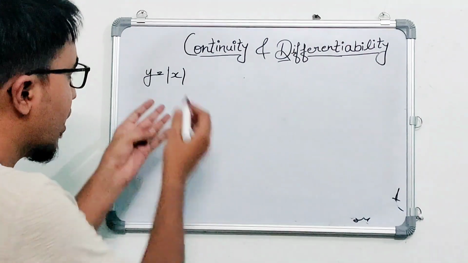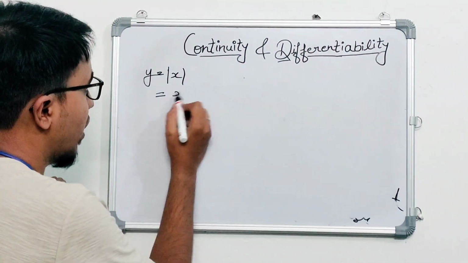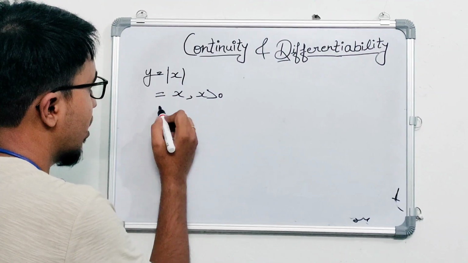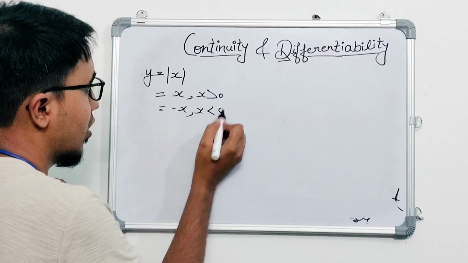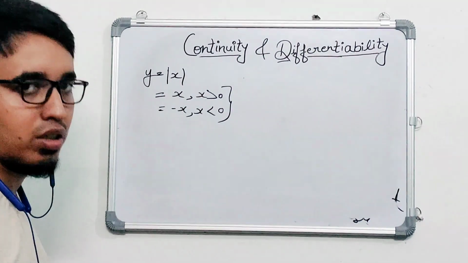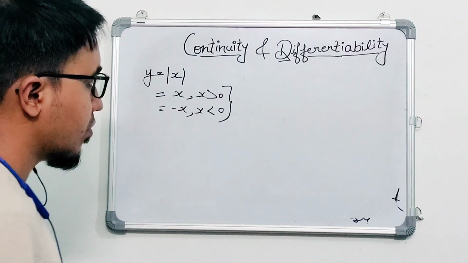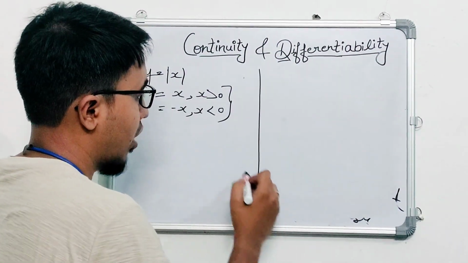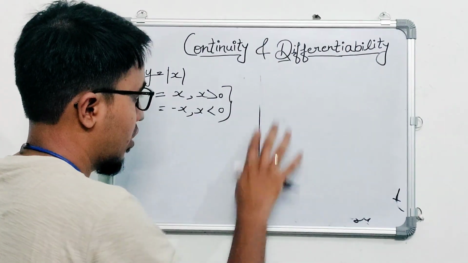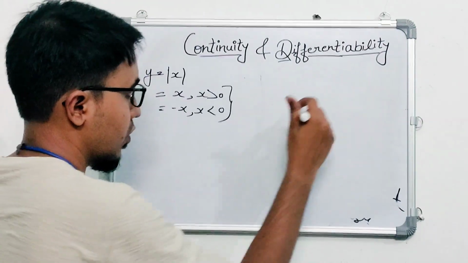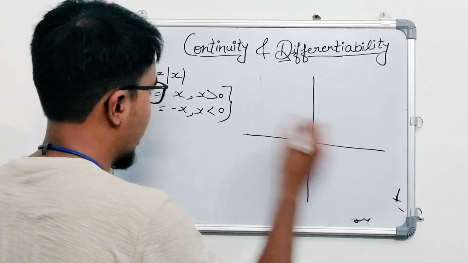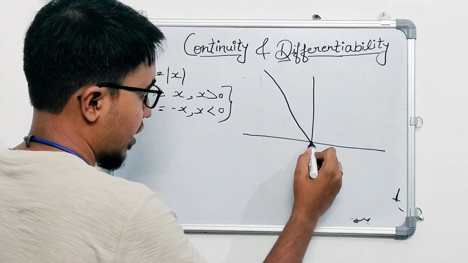If I break this mod x, then y equal to x if x is greater than 0, and y equal to minus x when x is less than 0. So it's a breakup of mod x. Now when I make the graph of this, its graph is like this.